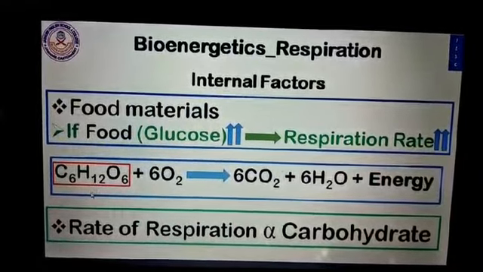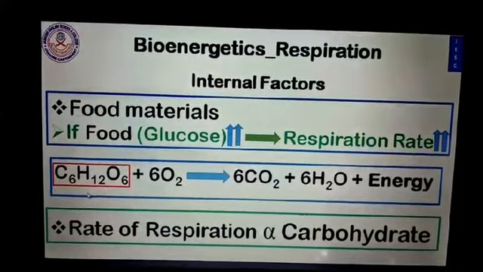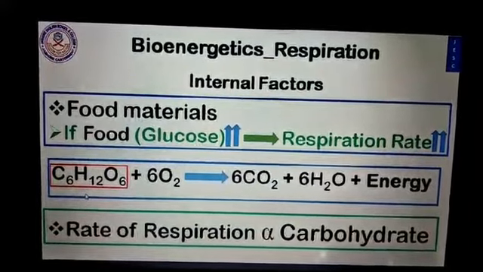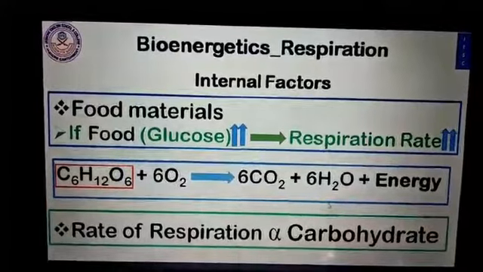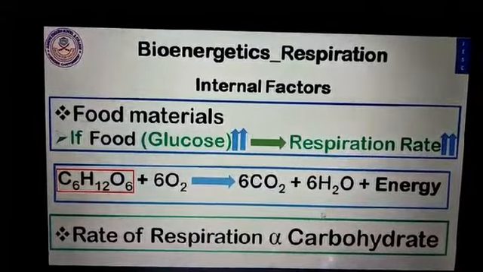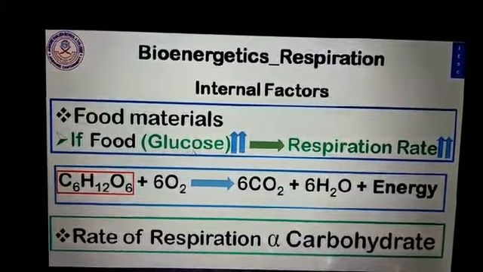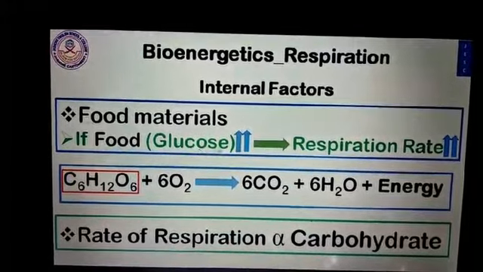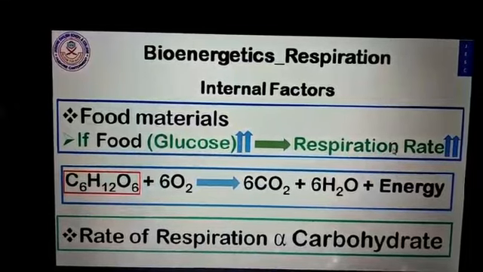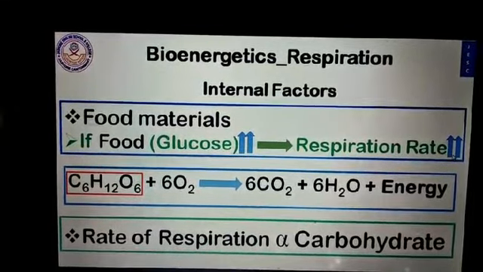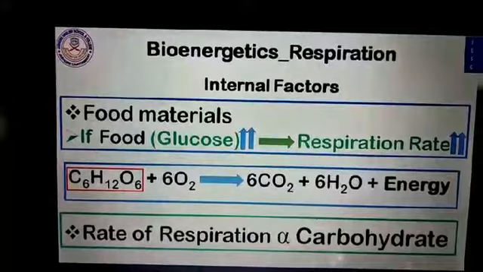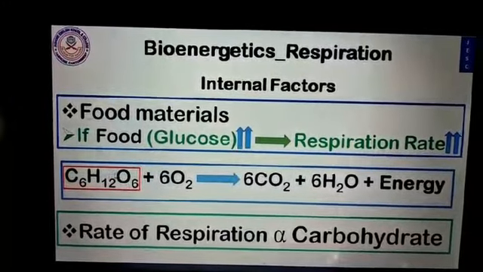So we can say if the reactant increases, then definitely the respiration process will increase. That's why we can say if the food, that means glucose, or we can say carbohydrate, is increased, then the respiration rate will also be increased. Okay, so food materials indicate the glucose.